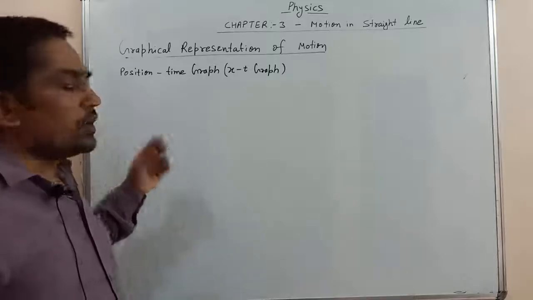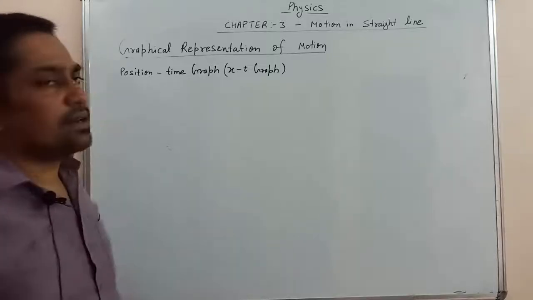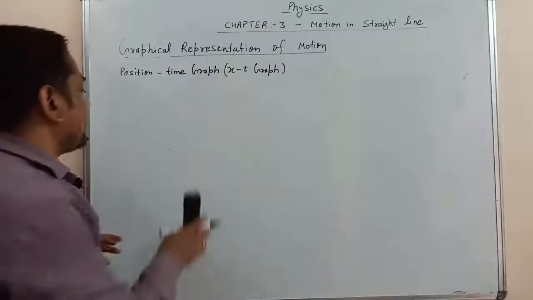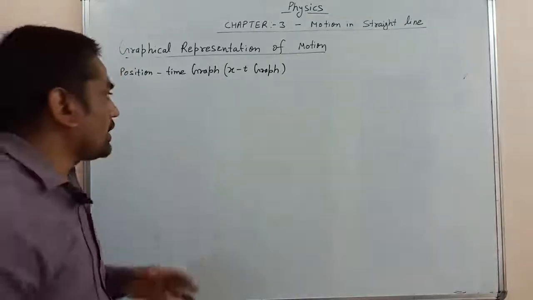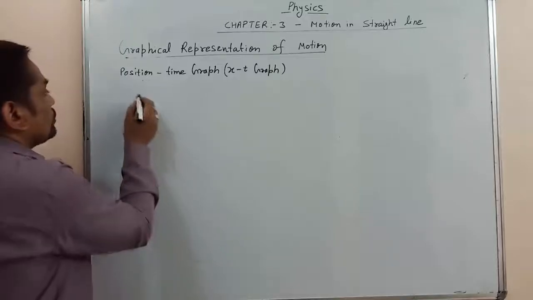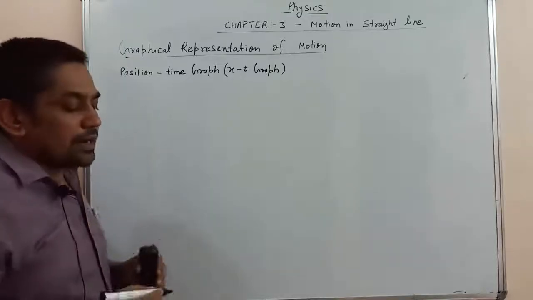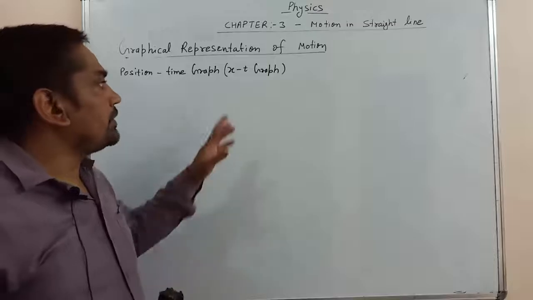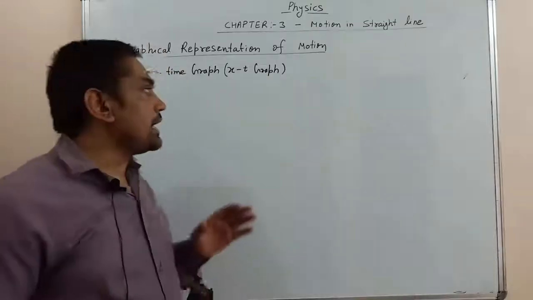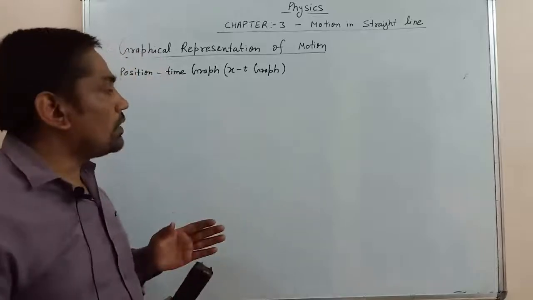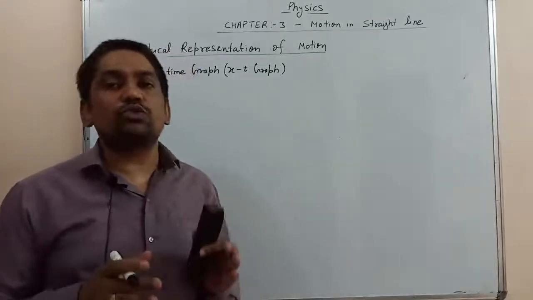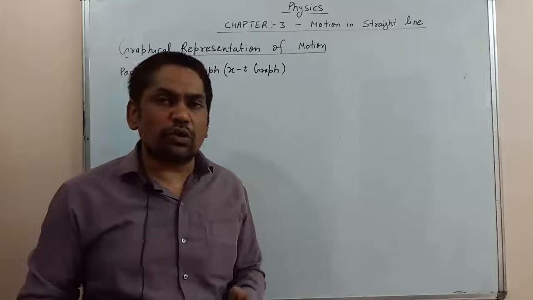From the name it is clear that we take time on one axis and displacement on another axis. So in the position time graph we take time on the x-axis and displacement on the y-axis. We have to relate these two quantities according to the motion of the object.